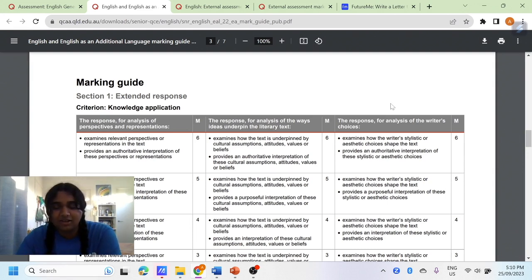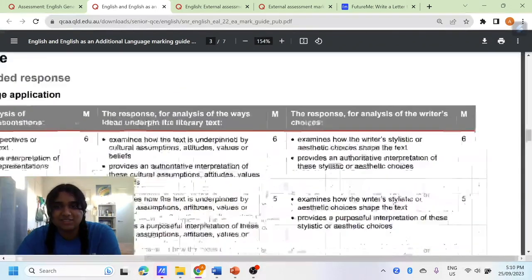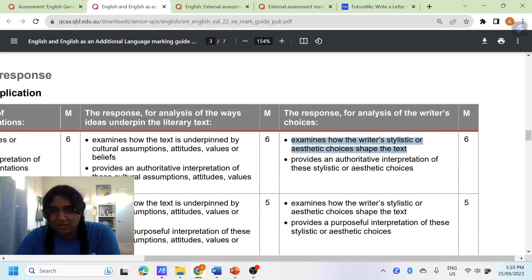The third criteria that comes under knowledge application is your reference to stylistic or aesthetic choices. Now, an important thing to consider here, the difference between stylistic devices and aesthetic choices. This is something that all of you need to know.